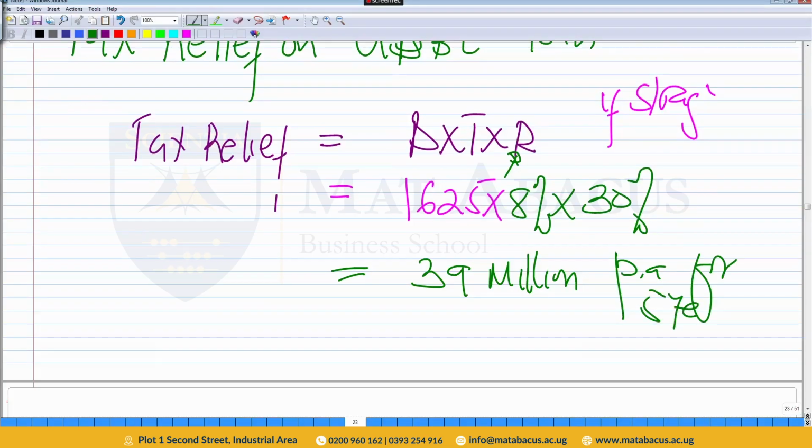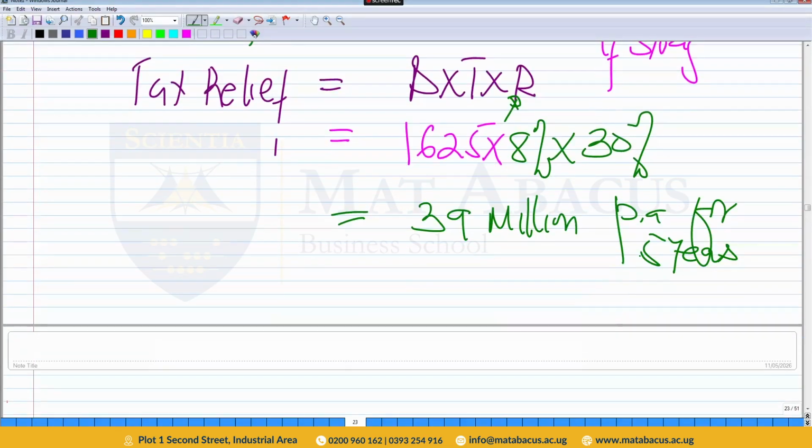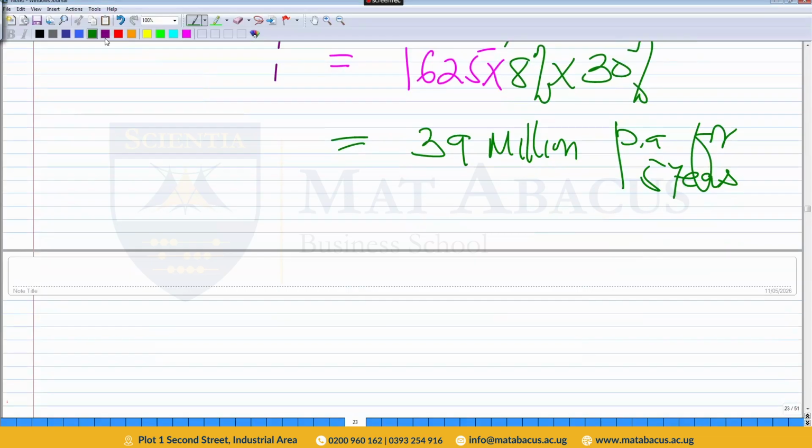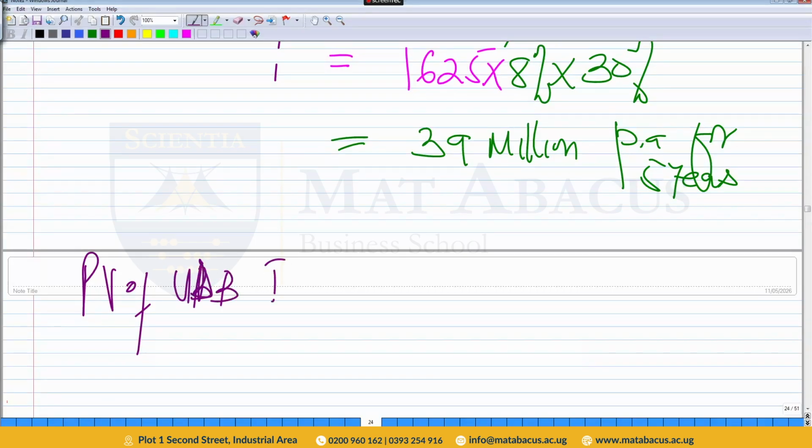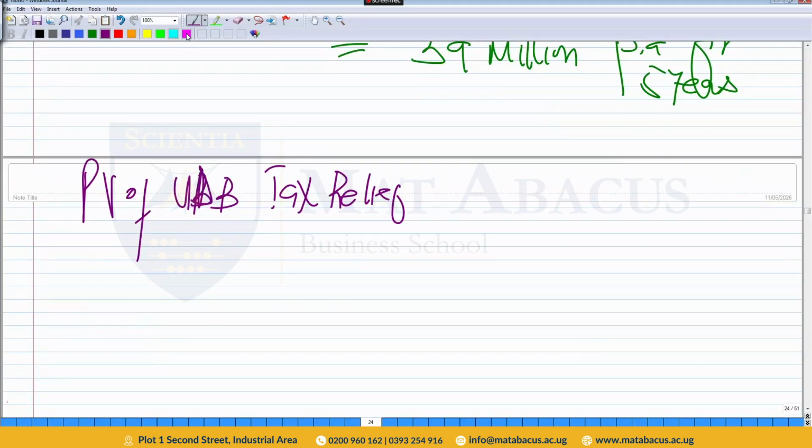Therefore, the present value of UDB tax relief is going to be the tax relief, the 39 million, times the discounting factor.